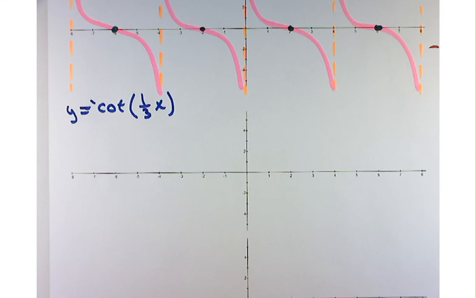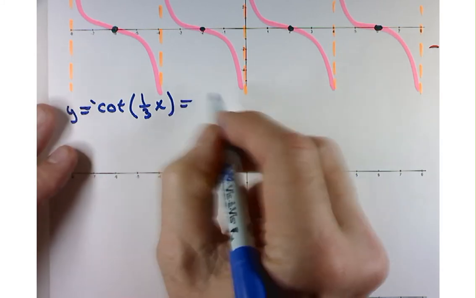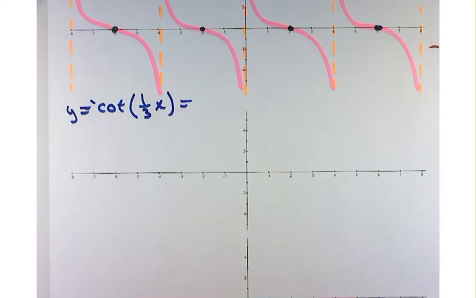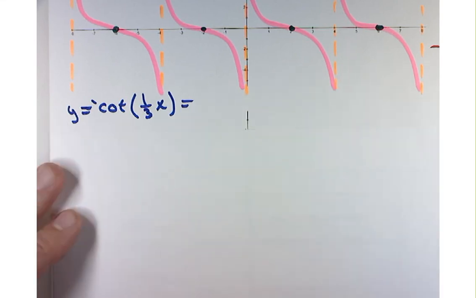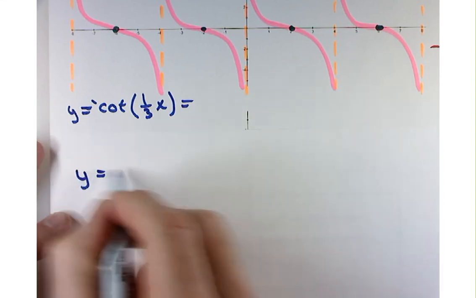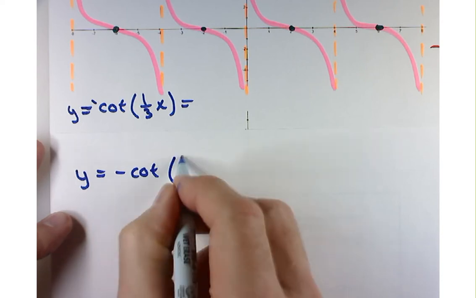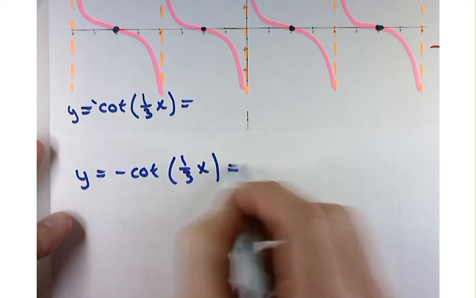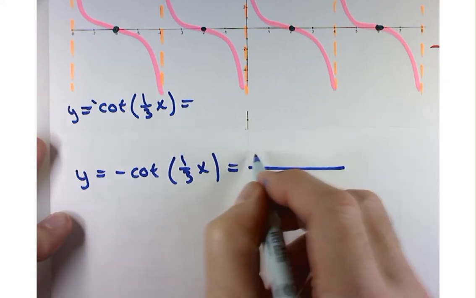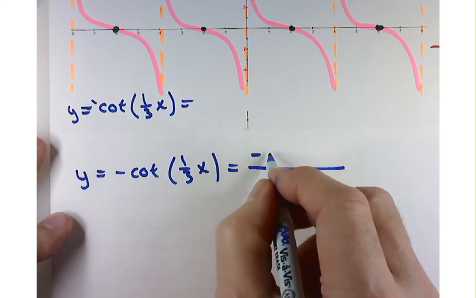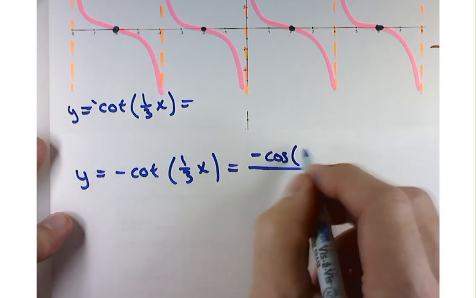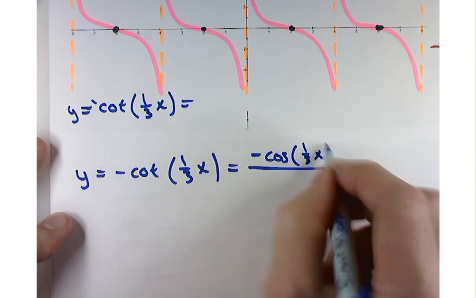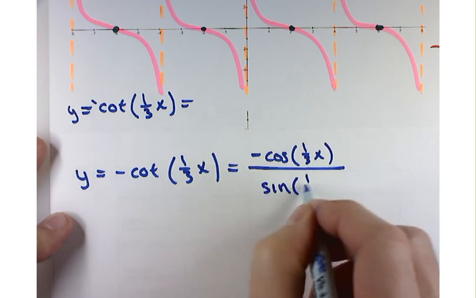Start by figuring out where this is in terms of its vertical asymptotes. So y equals negative cotangent of 1/3 x. So it'd be negative of cosine of 1/3 x over sine of 1/3 x.